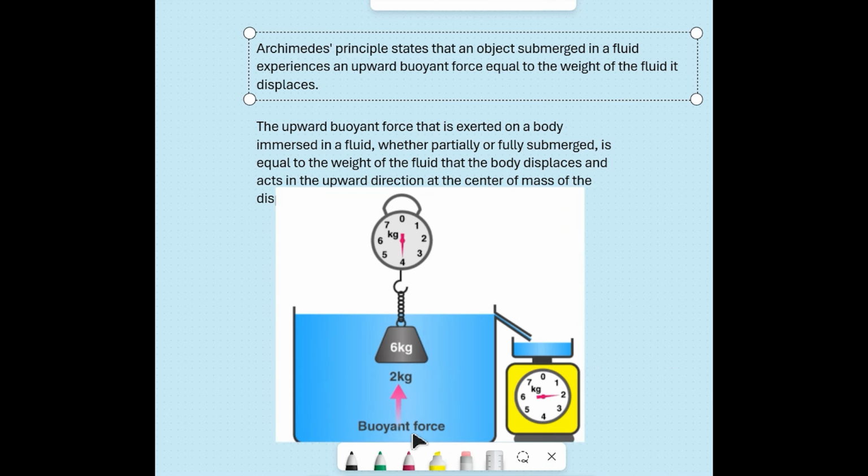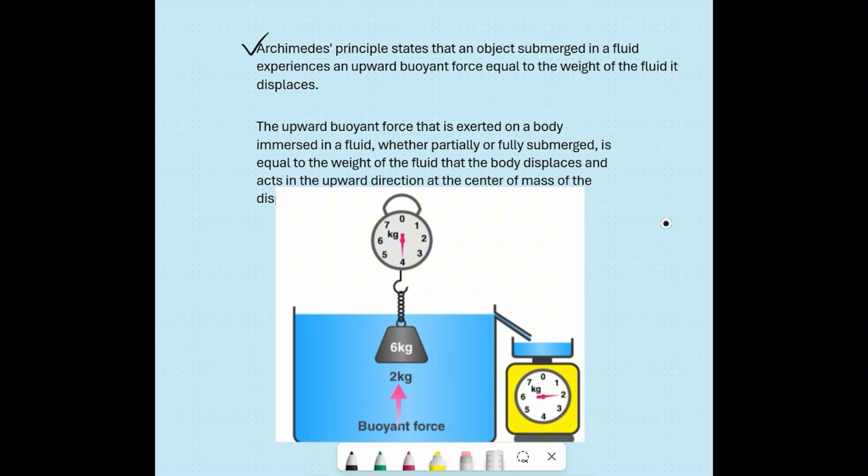Anyways, the other topic here is Archimedes principle. Archimedes principle states that an object submerged in a fluid experiences an upward buoyancy force which is equal to the weight of the fluid that it displaces.